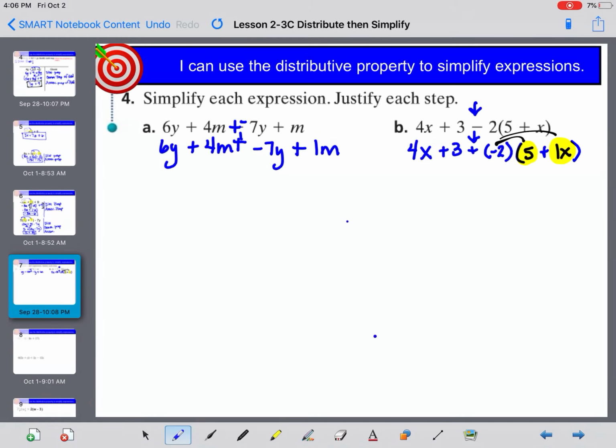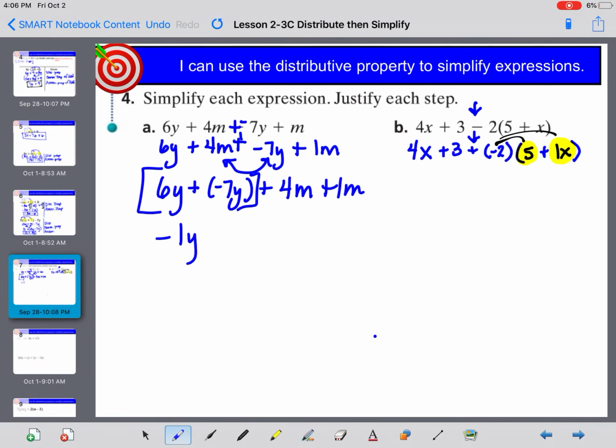Okay, the next thing you're going to do is get your like terms next to each other. So I'm going to switch around the 4m and the -7m. And then after that, we're going to group these together. I get -1y, and then we're going to group this with the associative property, -1y plus 5m.